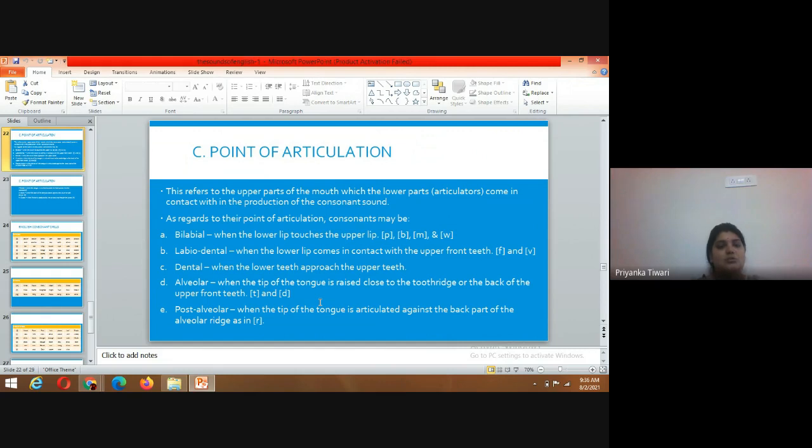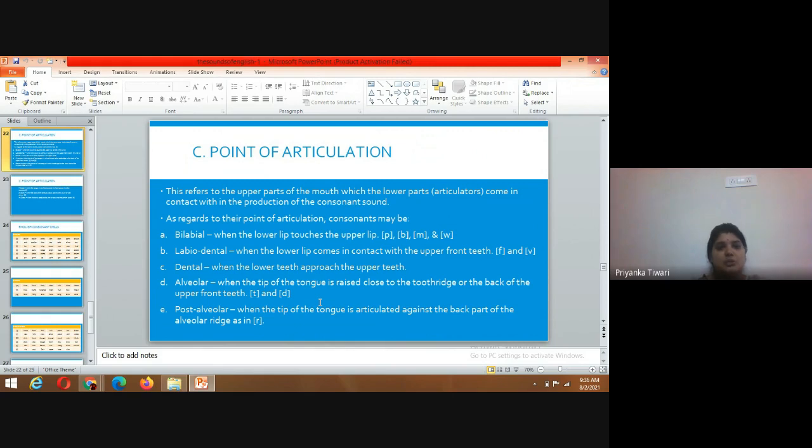As regards point of articulation, consonants may be bilabial, labiodental, dental, velar, post alveolar. Dental is when the tongue approaches the upper teeth, labiodental when the lower lip comes in contact with the upper front teeth, bilabial when the lower lip touches the upper lip.